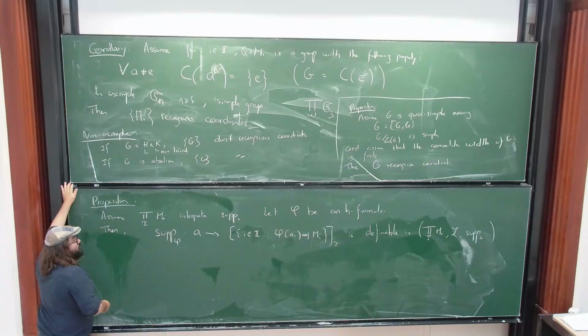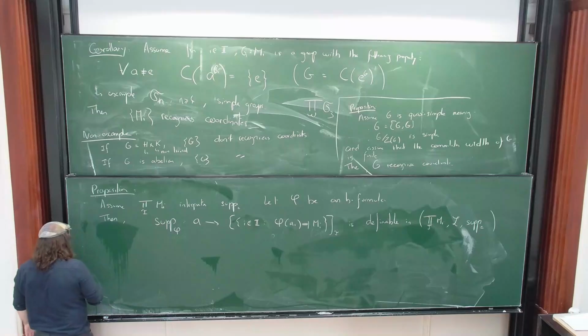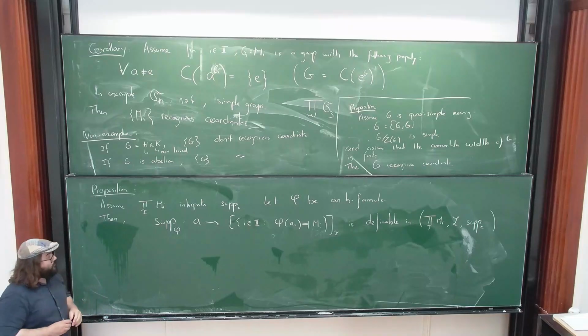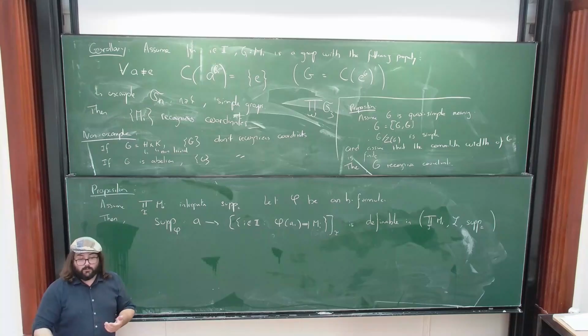Which directly means that if you want sup phi to be definable in your language, you just have to check that every formula is a Boolean combination of H formulas.